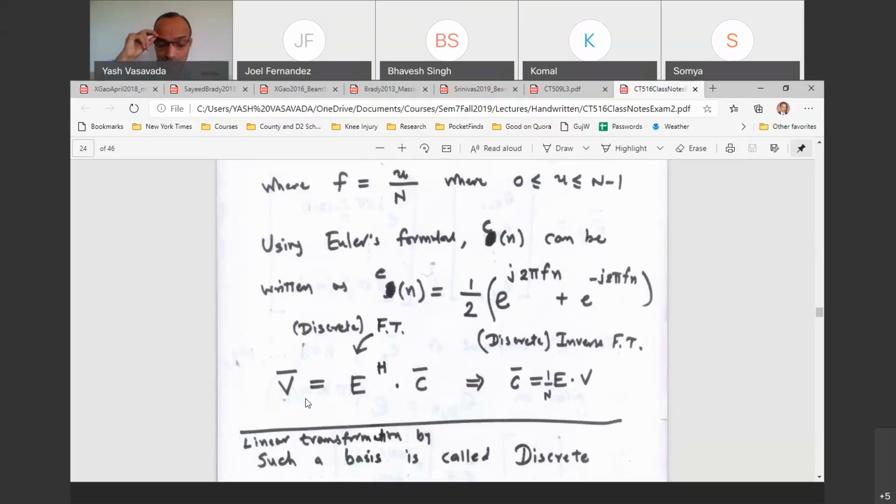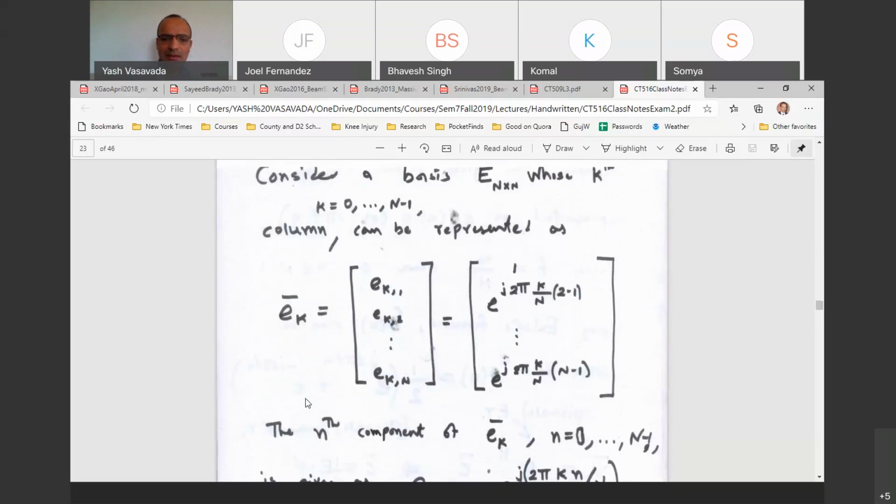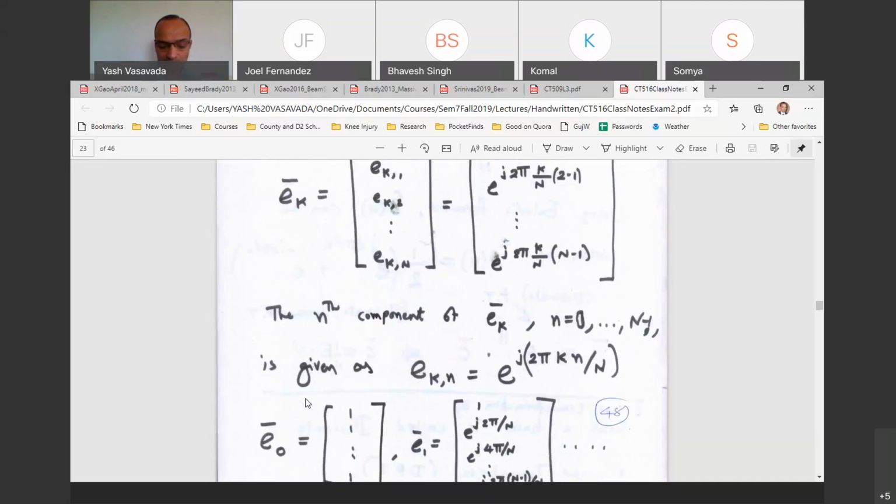Okay. Now, I want to ask you one more question, which is about this DFT filter bank that Bhavesh just now mentioned. Whenever we talk about DFT, we are thinking of something in the time domain, and then we are doing discrete Fourier transform to get the equivalent representation in the frequency domain.